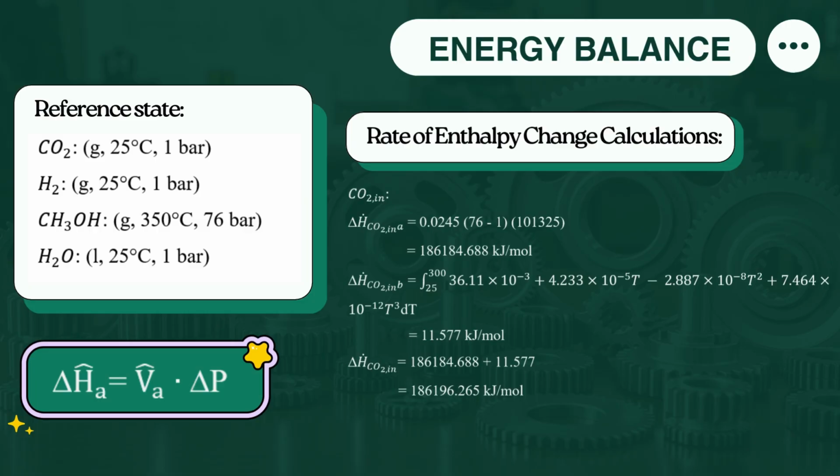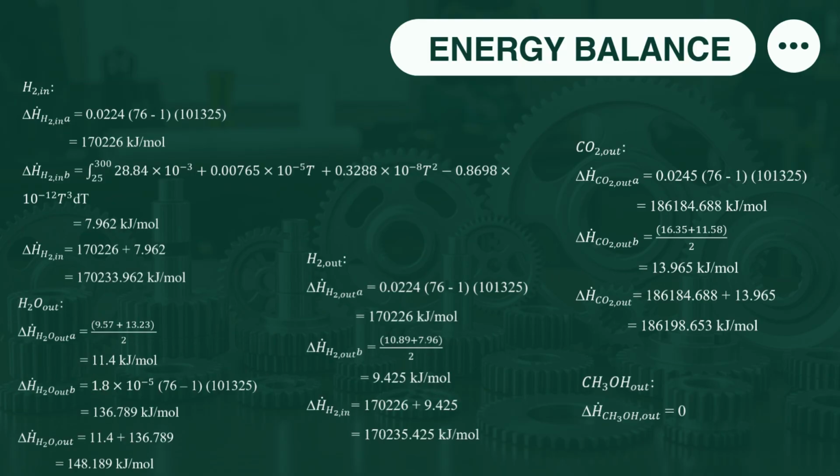To find the overall rate of enthalpy change for carbon dioxide at the inlet, I summed those two values and I got 186,196.265 kilojoules per mole. I then did the same thing for the hydrogen gas at the inlet and I got 170,233.962 kilojoules per mole.